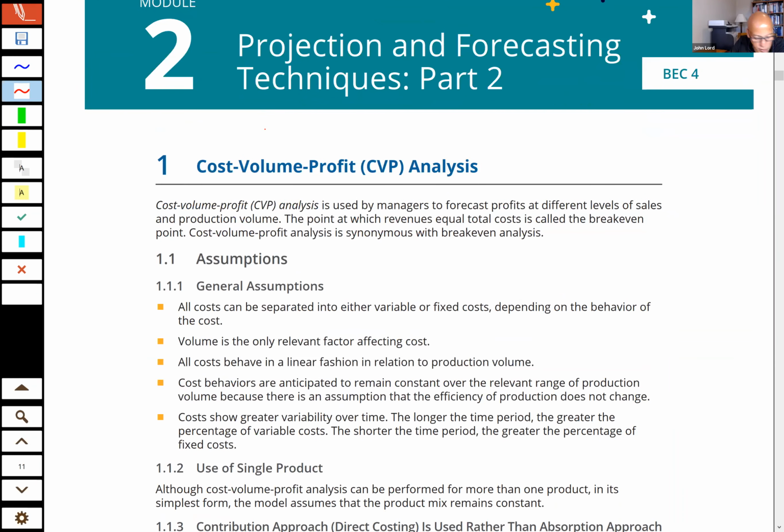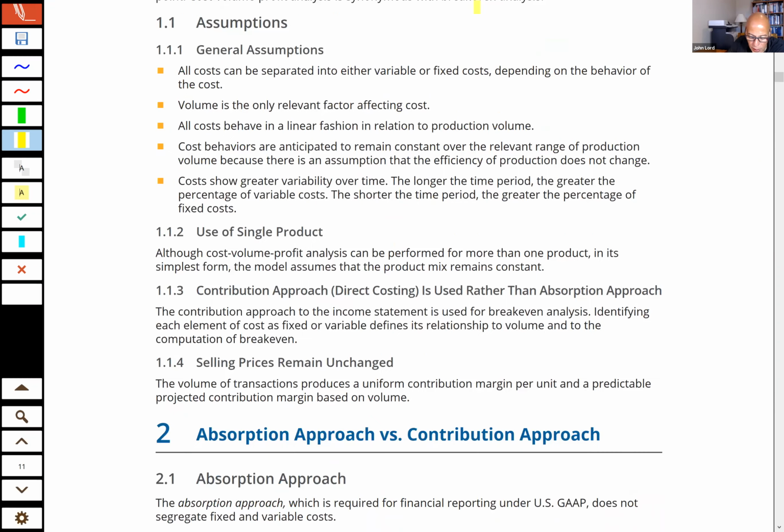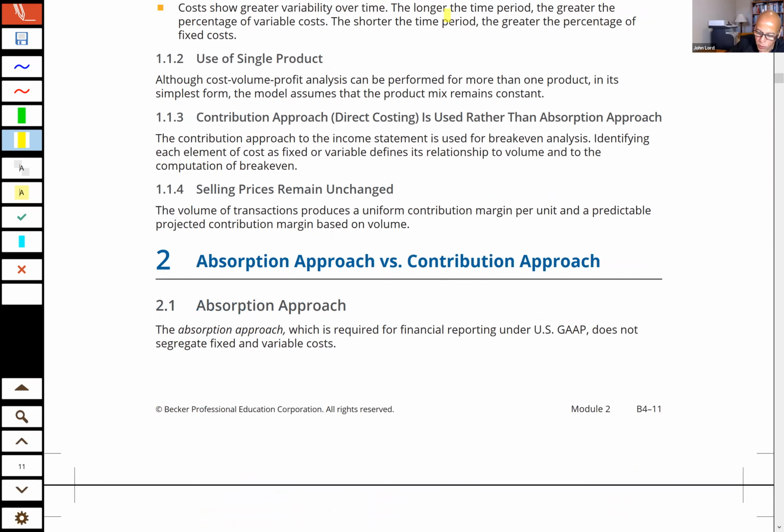Okay, so let's take a look at cost volume profit analysis, and we're going to be looking at something called the contribution margin in determining our break-even analysis. So it is important that we understand a contribution approach to preparing our income statement.